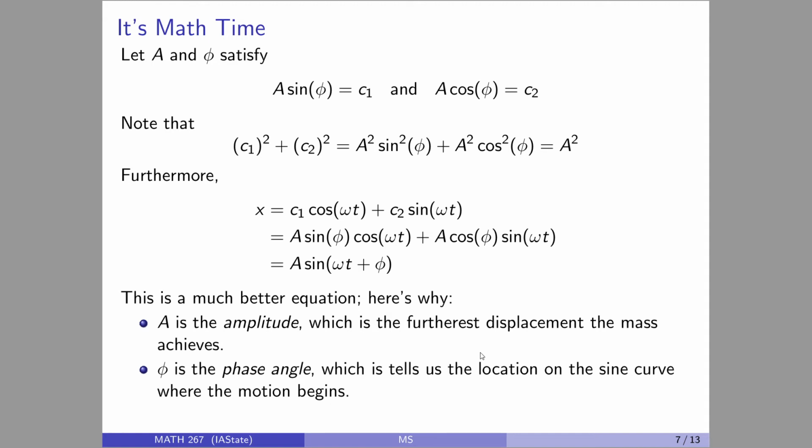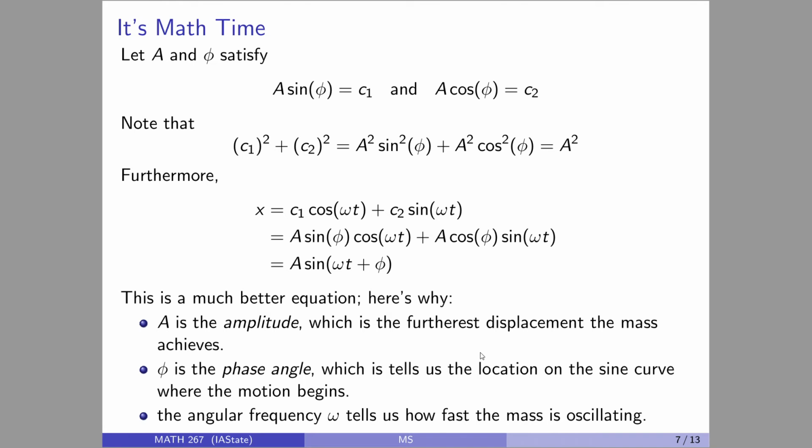So phi would tell us, are we immediately going to move down? Are we immediately going to move up? And it tells me how far away I am from reaching a peak or a valley. So having the phase angle right away tells me where things begin, and as the motion goes on, what we can expect to see first, a peak or a valley, or maybe equilibrium.